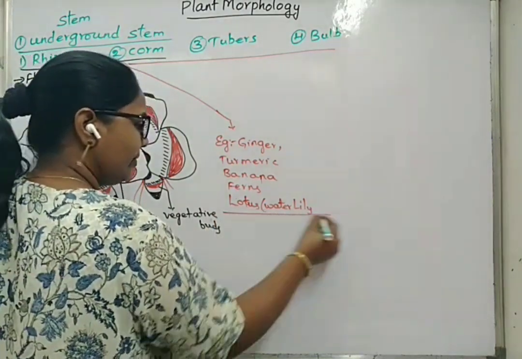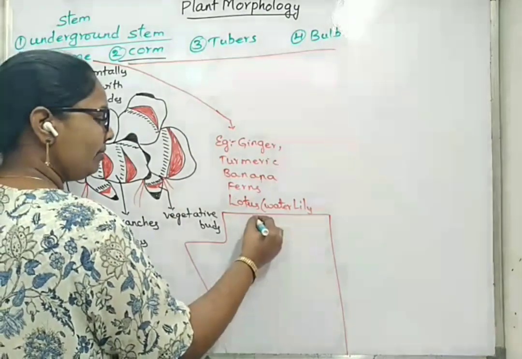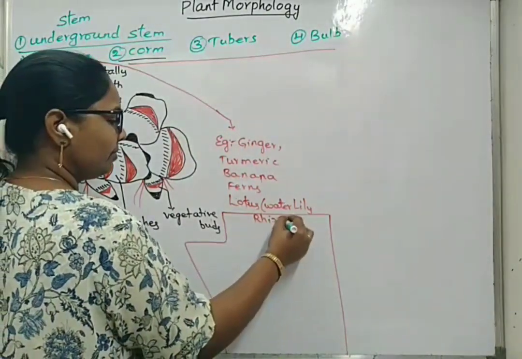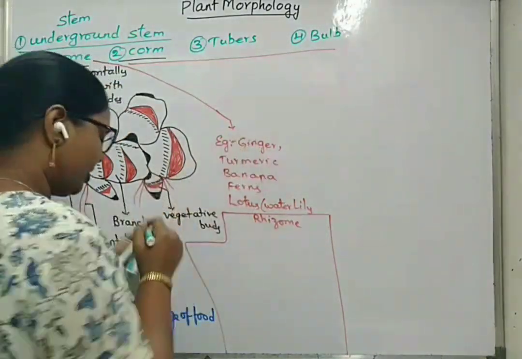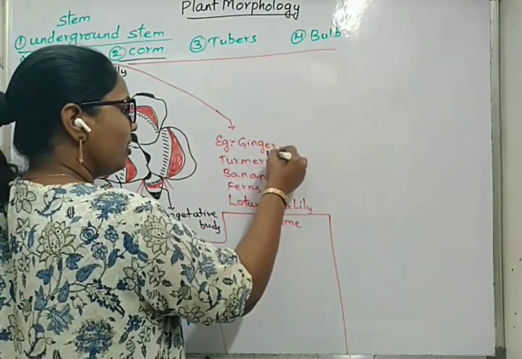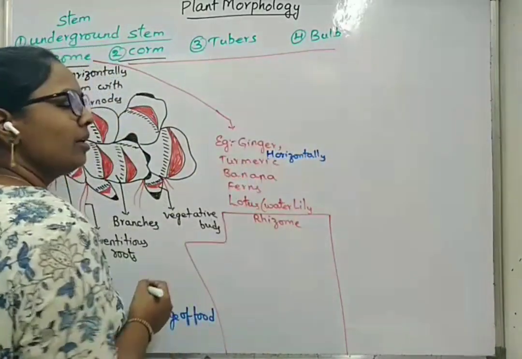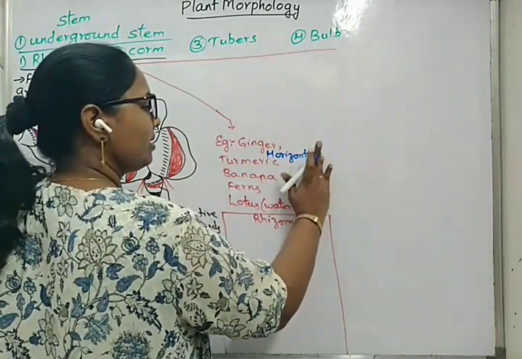Rhizomes are again divided into different groups. Coming to ginger, ginger is a horizontally growing stem.